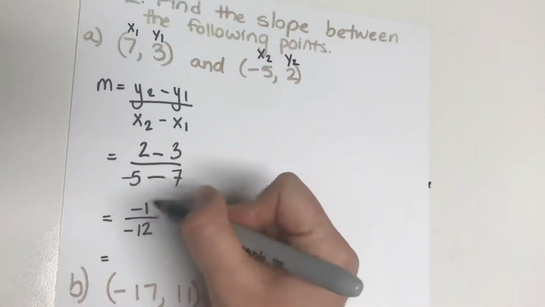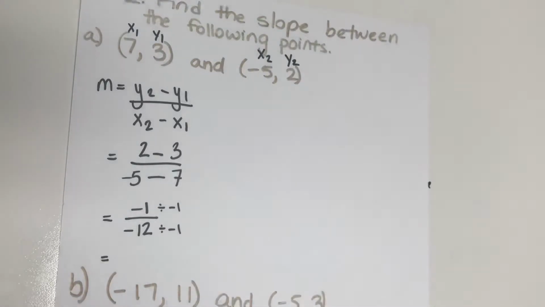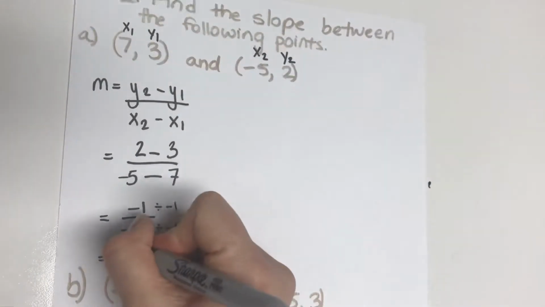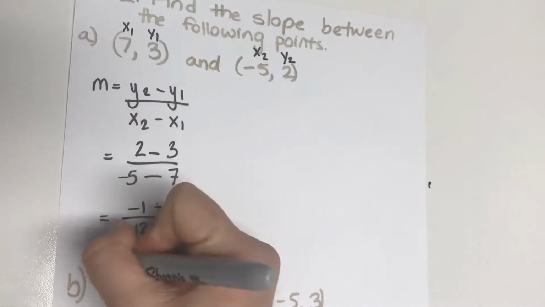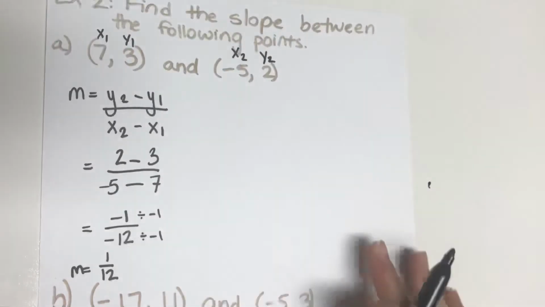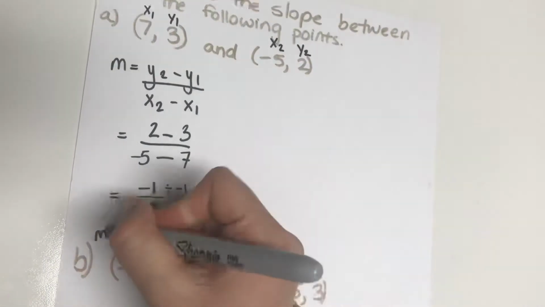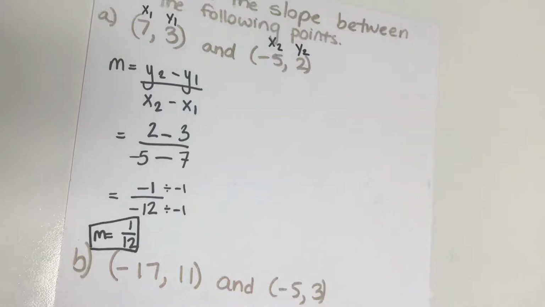Or in other words, I can divide both the numerator and the denominator by negative 1. That's my common divisor to simplify the fraction, and my final answer is 1 over 12. We never end our question off with a negative sign in the numerator and denominator. Proper math form says that we need to change it to positive, and that's going to be my final answer.